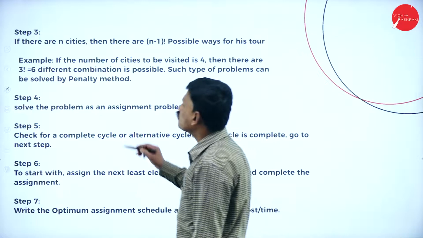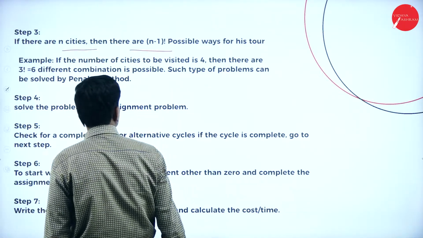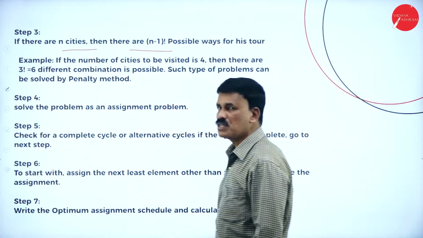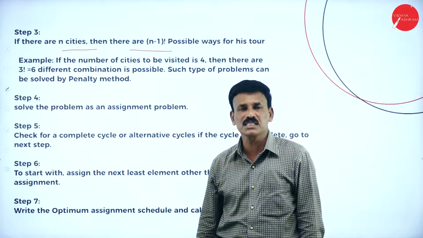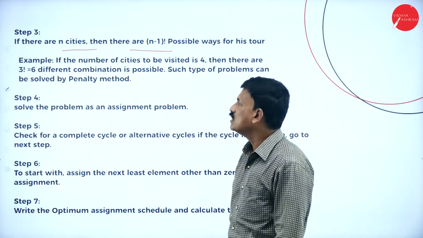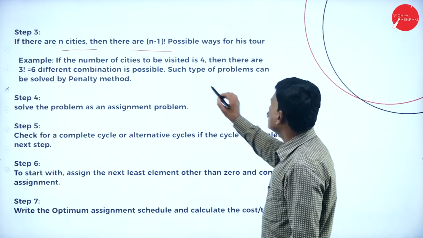Now after that, if there are n cities, then there are (n minus 1) factorial possible ways. Suppose for example, let us consider there are 4 cities.